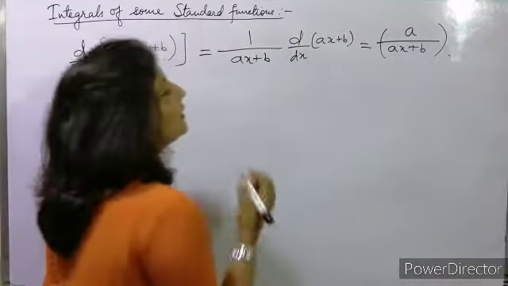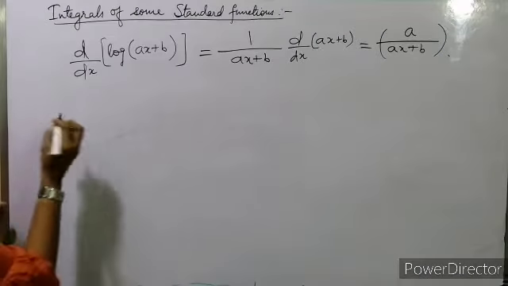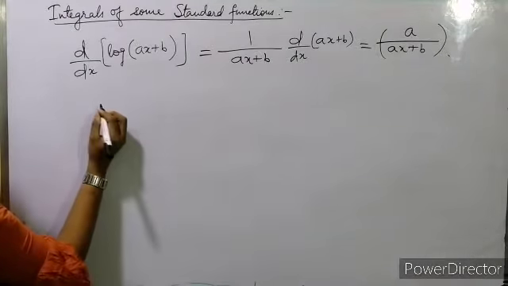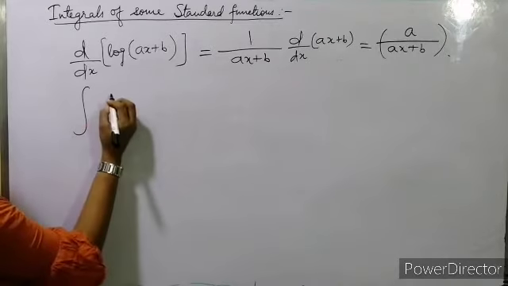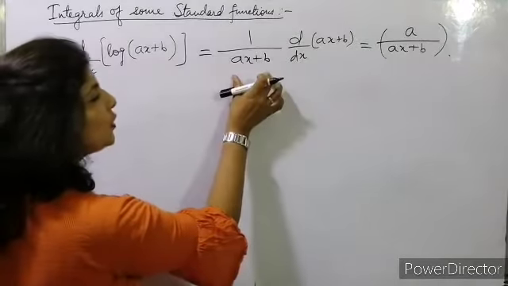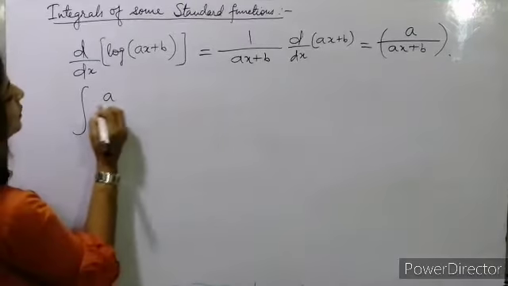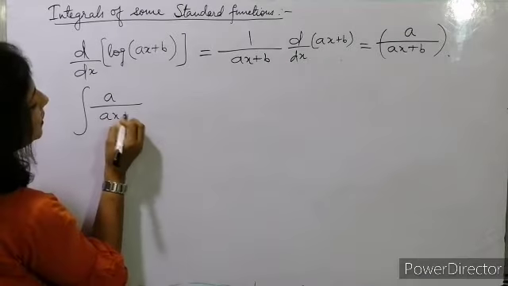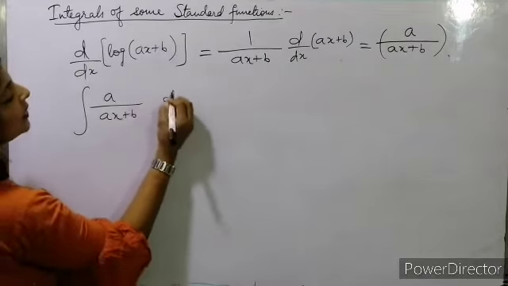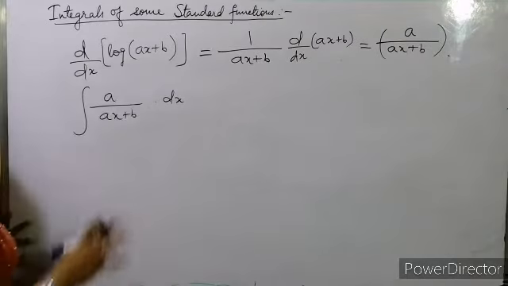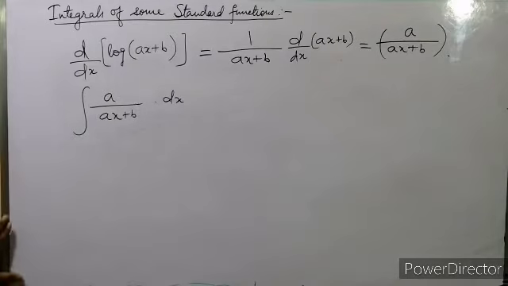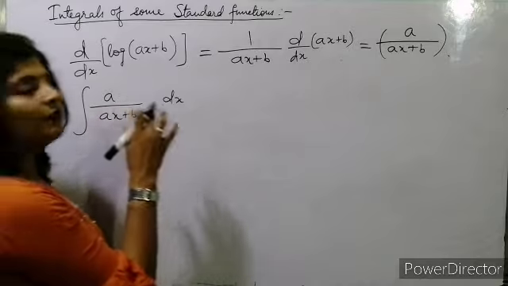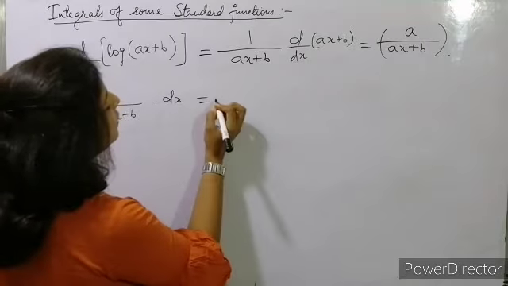This value we'll get. Now we have to integrate this. Instead of this one, we'll take only this one, a upon (ax + b), and we integrate it. So this is a function whose integral with respect to x we have to find. What value will we get?